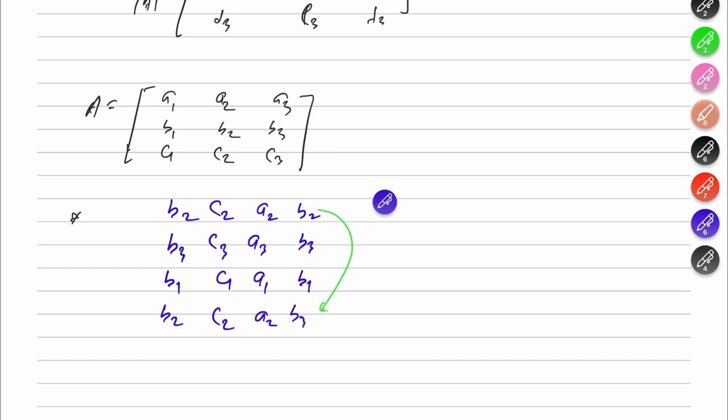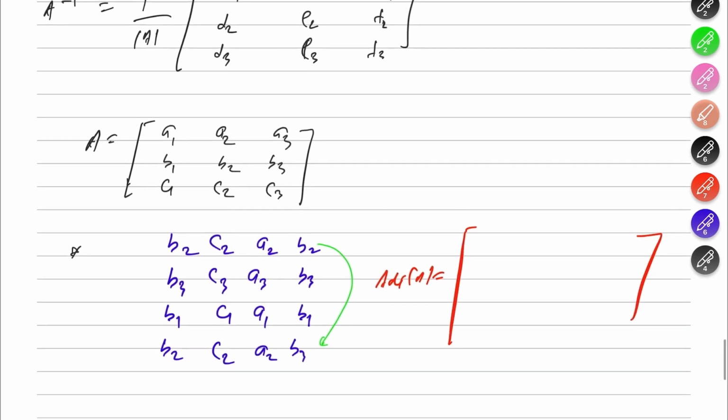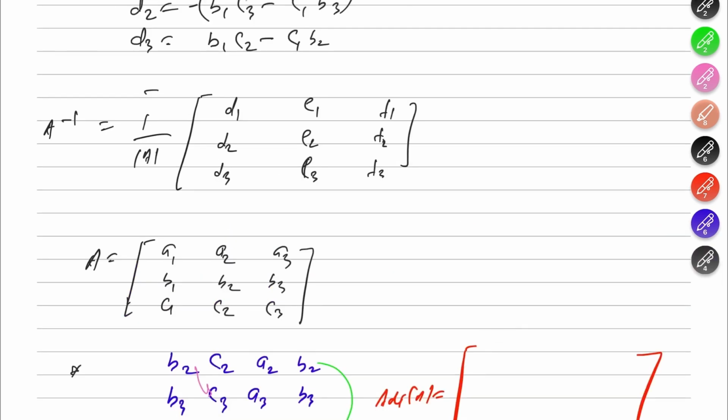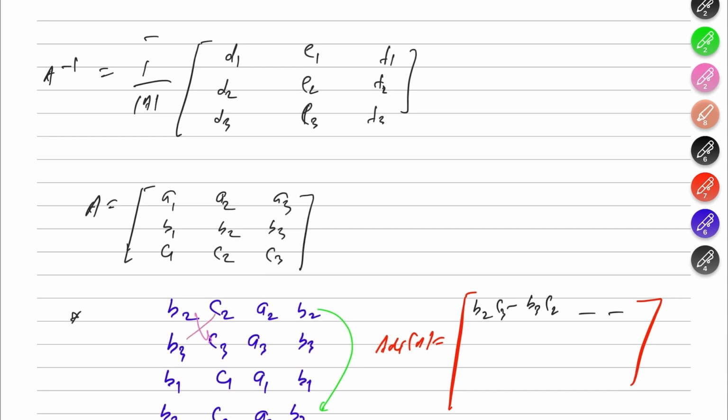Then what is the adjoint of A? Now clearly, if I write the adjoint of A, I am just writing the first column of the adjoint. What is this part? This is B2 C3 minus C2 B3. Then this one: B3 C1 minus B1 C3.